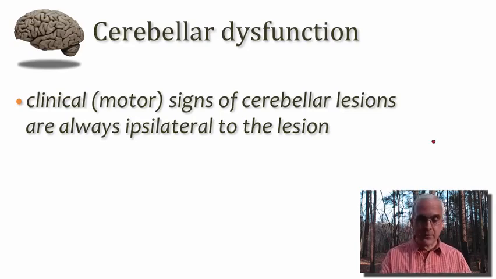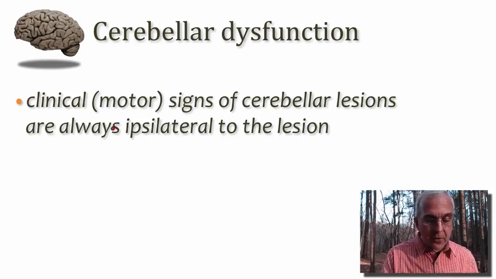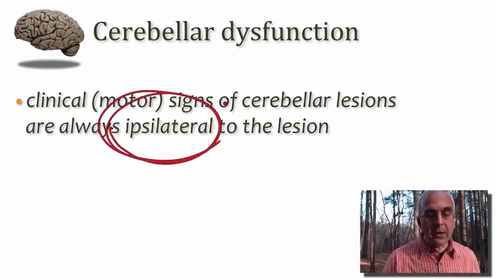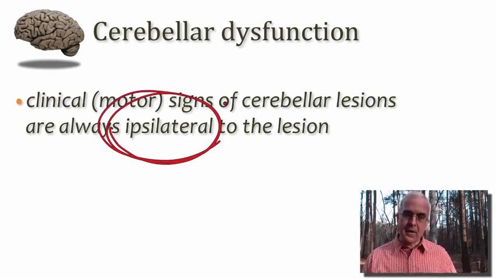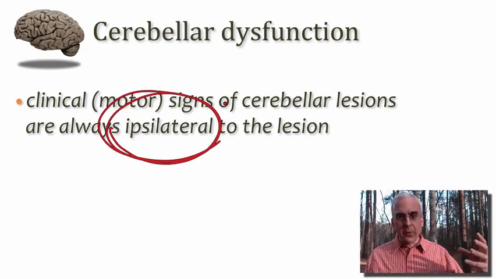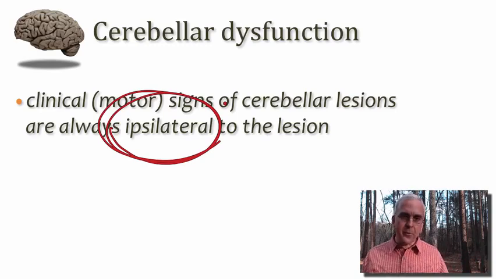So the important principle for you to appreciate here is that the clinical signs of cerebellar lesions are always ipsilateral to that lesion. Now this stands in contrast to what you have learned about damage to upper motor neurons, where the clinical signs and symptoms are going to be contralateral to the location of the injury.